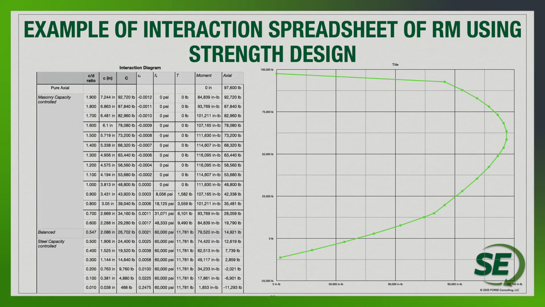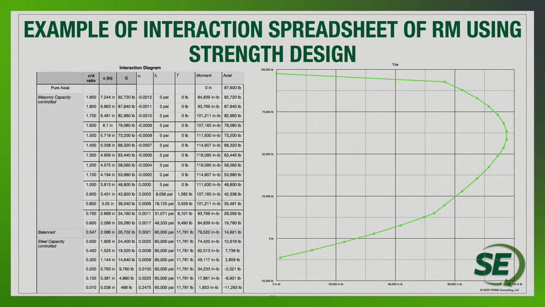So you can see as the line increases from bottom left to upper right, we're gaining more and more moment capacity. So when we talk about reinforced masonry walls, it really is true that the more load you can put on those elements is generally going to be beneficial for the overall design. There's going to be a point of diminishing returns, and you can start to lose moment capacity if you add too much axial force.